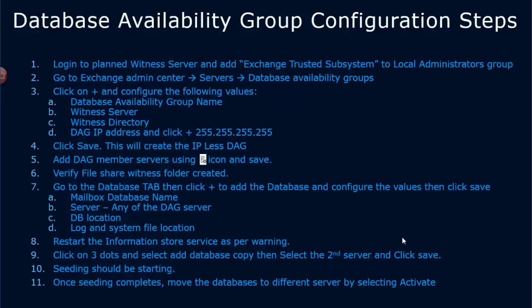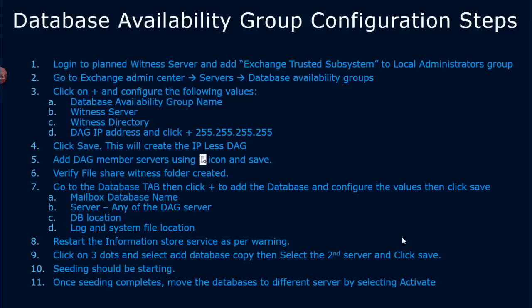All right. This icon allows you to add servers to the DAG or remove servers from the DAG. So add one server at a time, and once it's saved, add the second server. If you haven't installed failover clustering, it will install failover clustering here. Verify the file share witness folder is created.